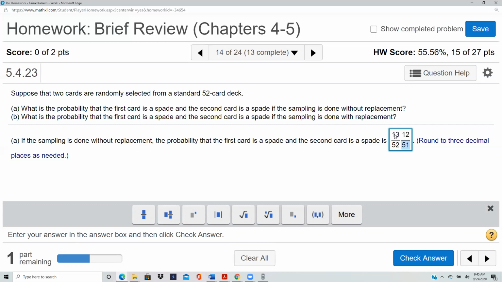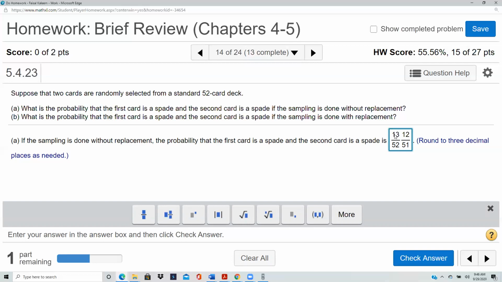So it'd be 13 by 52 times 12 by 51 equals. Point 0583, is it?